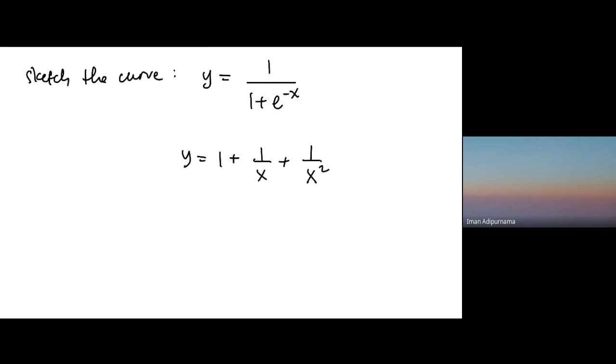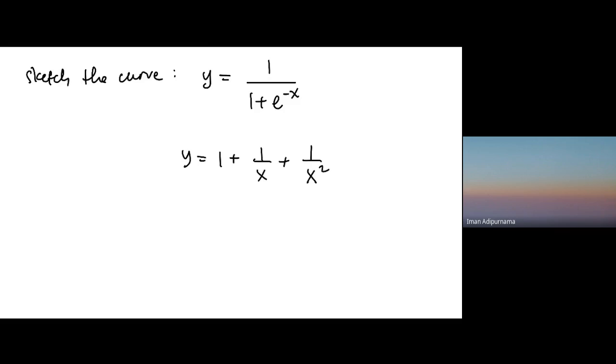So in every sketch of a curve, the first three things you can do are domain, intercept, and asymptote. And if you see any symmetry, you can also think about symmetry, even and odd functions. But first, finding the domain. I think there is no problem for the domain, right? Because any x can be put here: 0, 1, 2.